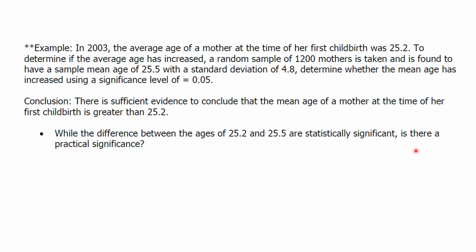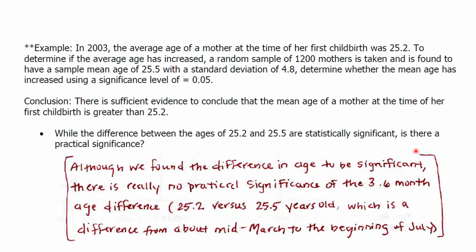Okay, and so we answer, although we find the difference in age to be significant, there is really no practical significance of the 3.6 month age difference. So that's the 25.2 versus the 25.5 years old, which is a difference from about mid-March to the beginning of July.